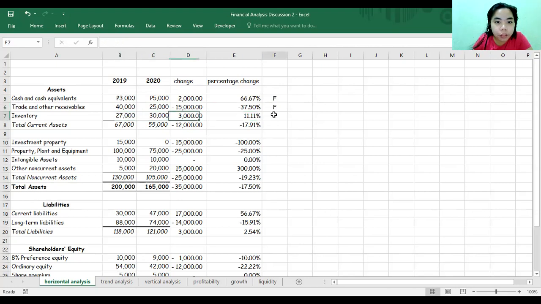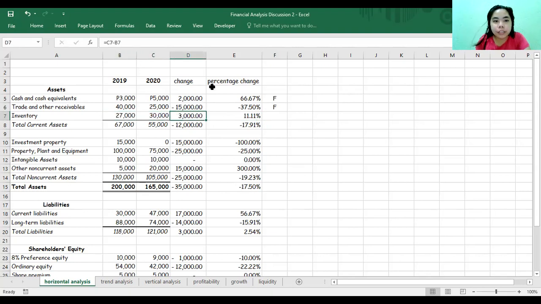And for our inventory, we have an increase of 3,000, and that's 11.11%. So that means our inventory increased. So maybe our purchases were that high, and the inventory sold is not less. It doesn't mean that if your inventories increase, you are not selling.